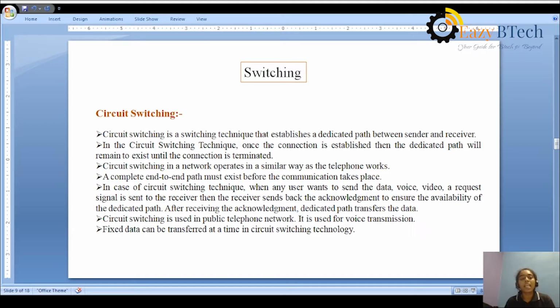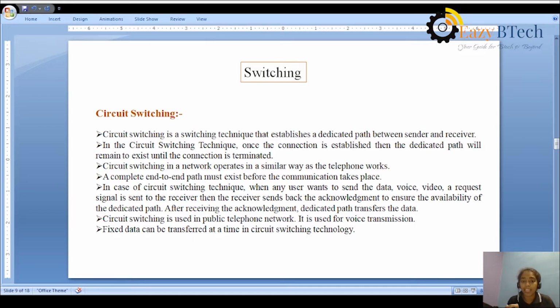In circuit switching, when the user wants to send data, it may be voice or video, a request signal is sent to the receiver, and then the receiver sends back an acknowledgement to ensure the availability of the dedicated path. Whenever the sender wants to send data, it gives one request signal to the receiver.